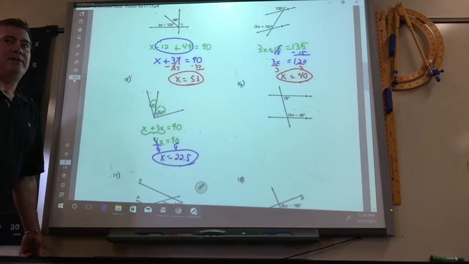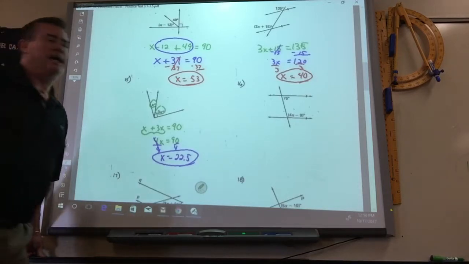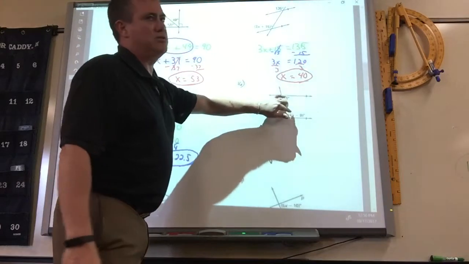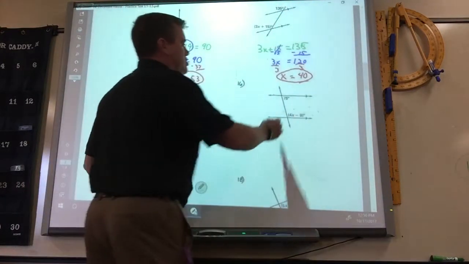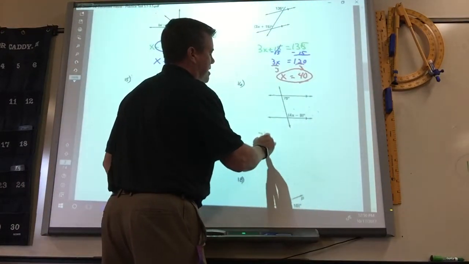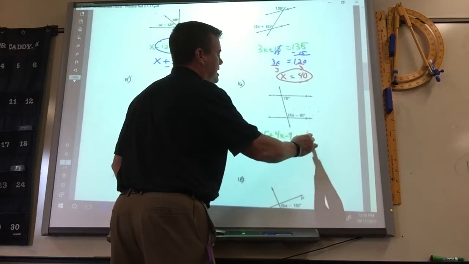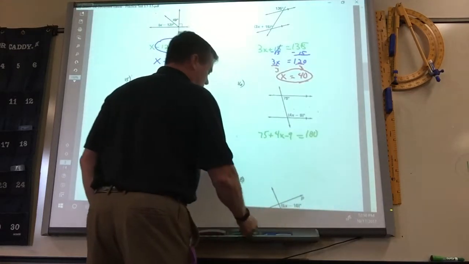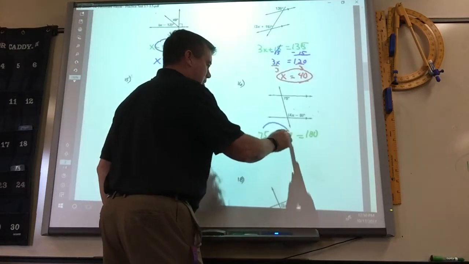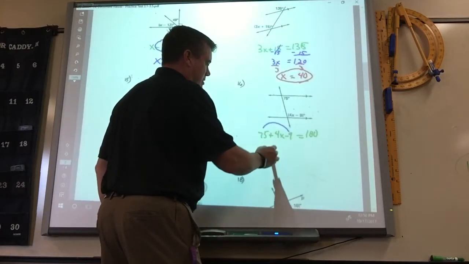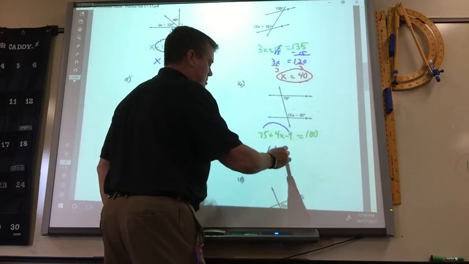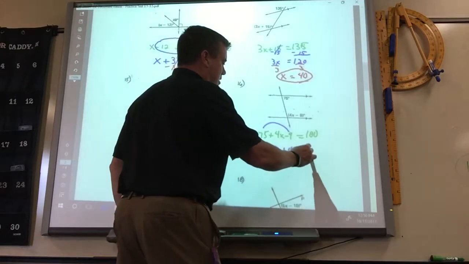Okay, in 16, they add up to 180. They're same side interior, so they're supplementary. So you got to add these together. 75 plus 4x minus 9 has to equal 180. So I can combine these two. 75 minus 9 is 66. Plus 4x equals 180.